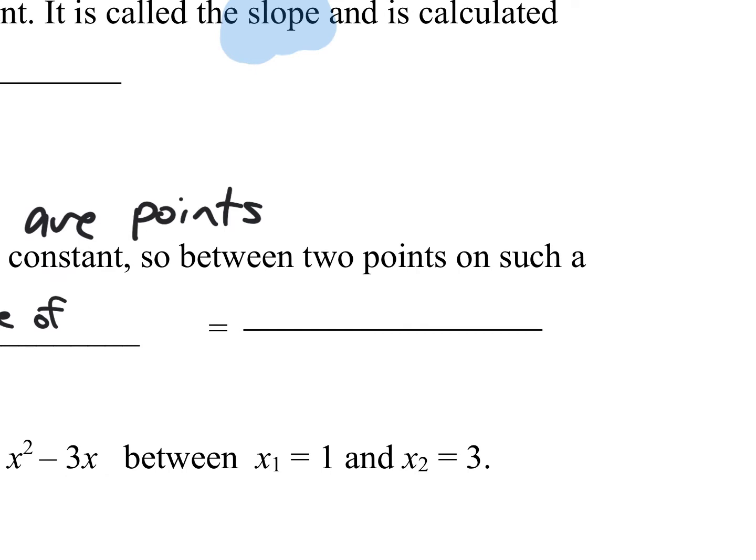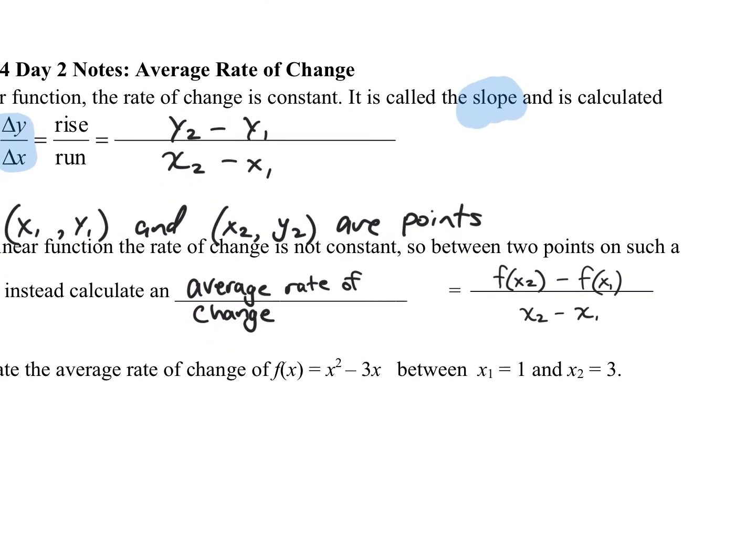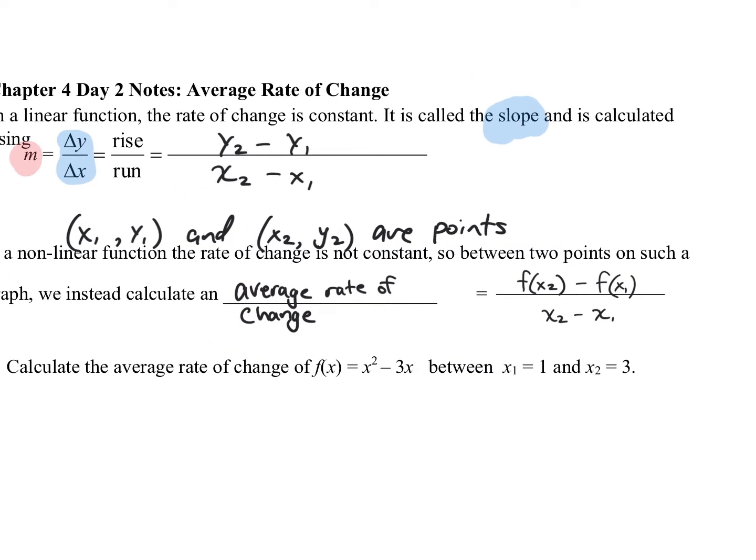And the way we're going to do that is going to be the output of the second point minus the output of the first point. So f of x2 minus f of x1, all over x2 minus x1.